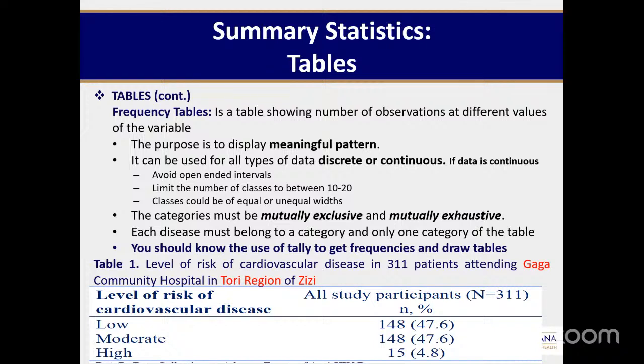Is it category 1 or category 2? Now, in the same scenario, if the first category is 1 to 28 days, the second category should not start from 30 days to 60 days. The question is, a baby who is 29 days, where will that baby fit in? And this is what we call the categories must be mutually exclusive and mutually exhaustive.